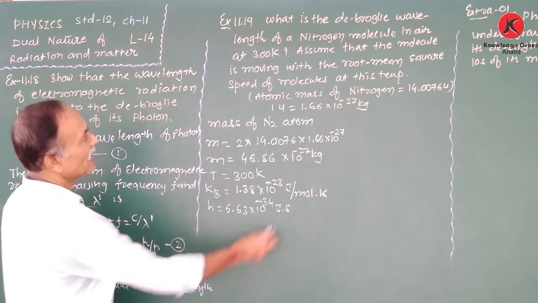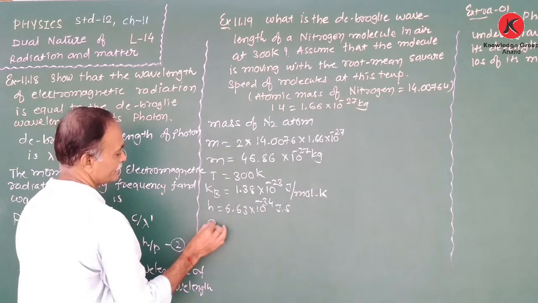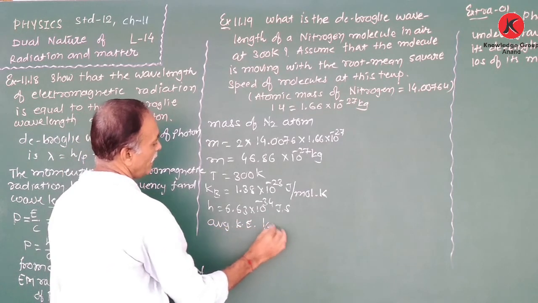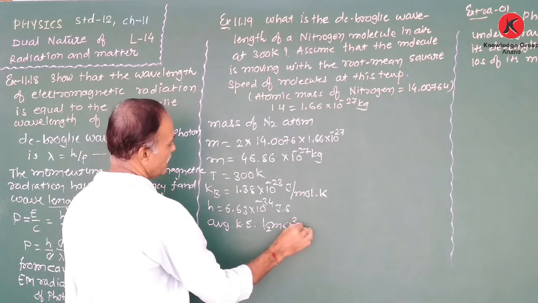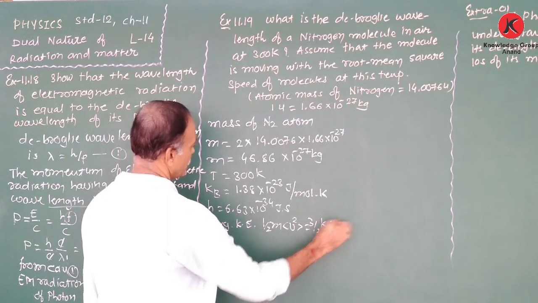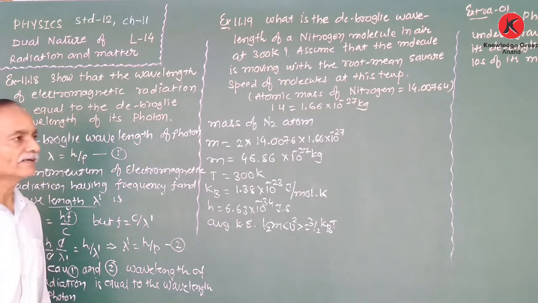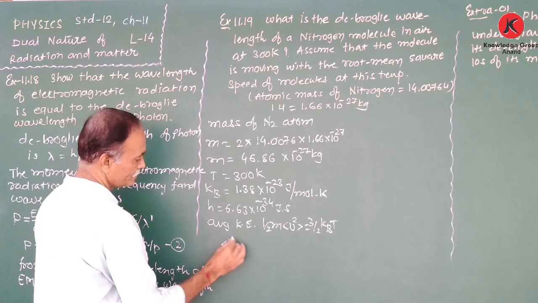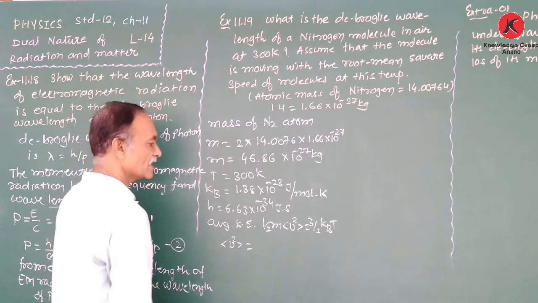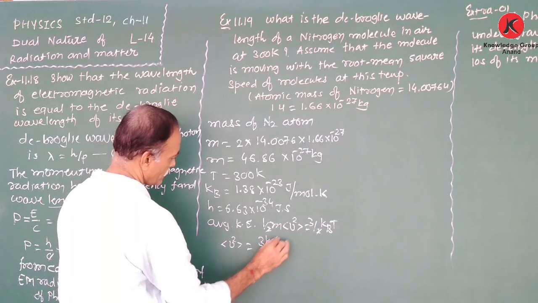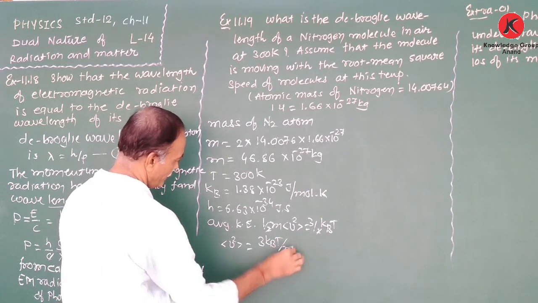Now, average kinetic energy: half m average v square is equal to 3 by 2 kB T. Right? Therefore, average v square is equal to 3 kB T upon m.